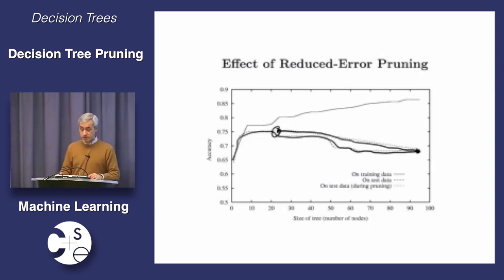Yeah, because notice, when I'm pruning, here's the key thing: the nodes don't get pruned in exactly the reverse order to what they got added, right? If the first node that I pruned was always the last one that got added, the two curves would be exactly the same, right? But they don't. When I start pruning, I actually have the choice of pruning any node anywhere that I want, and I pick the best one.